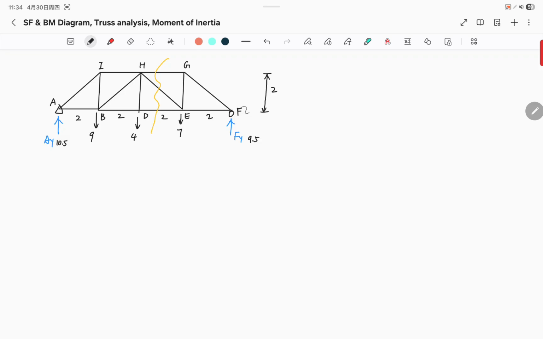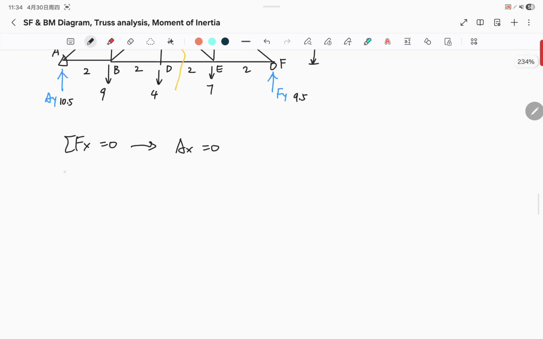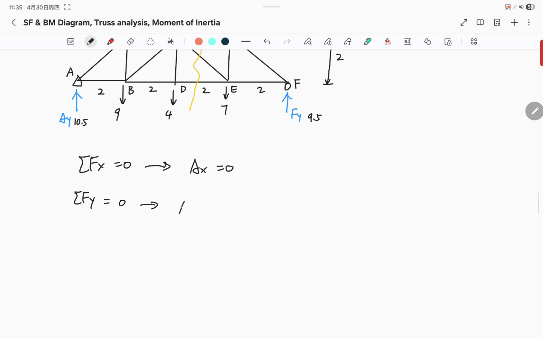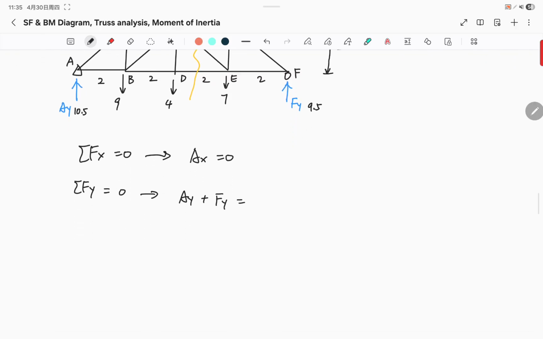Note that the support type at F is a ball, so even if there is a force in x direction, the support at F doesn't take that load at all. And then we have forces in y: Ay plus Fy is equal to all these 3 forces together.